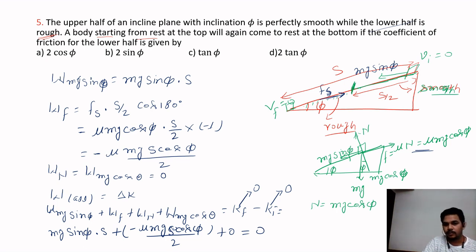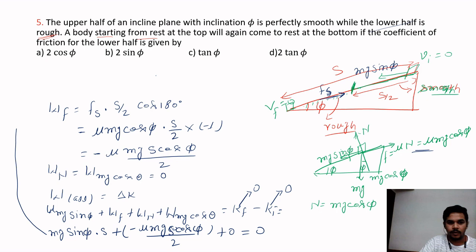Here the space is not sufficient, so I'm erasing the top part. If anyone has any doubt, you can go back in the video. I'm just erasing this so that I can write here.